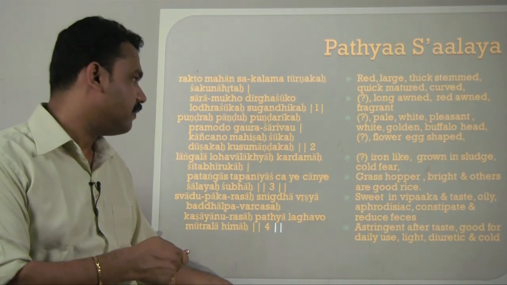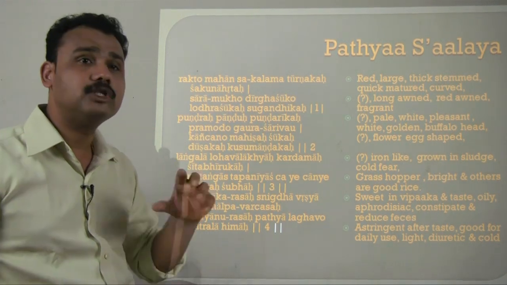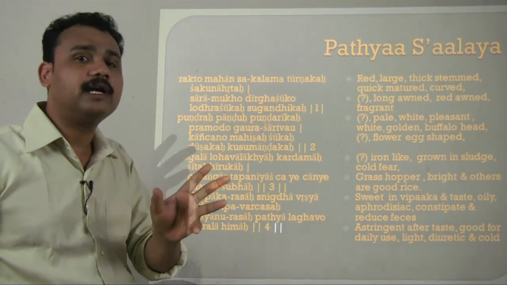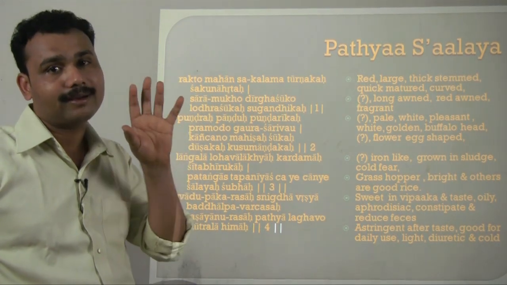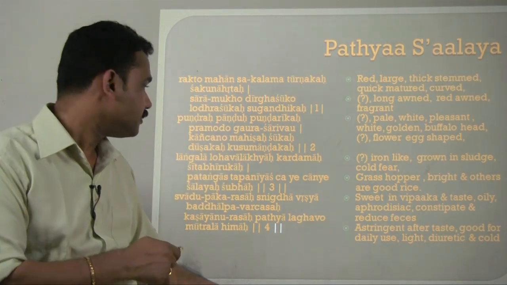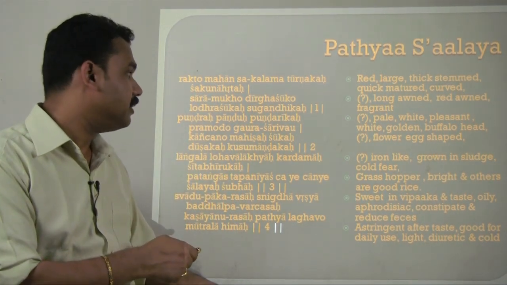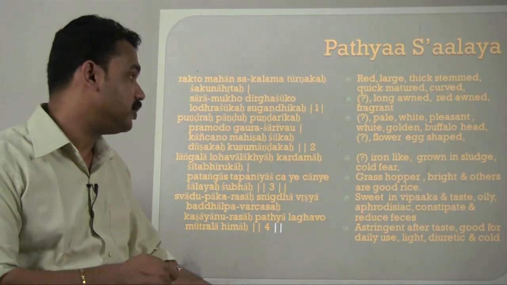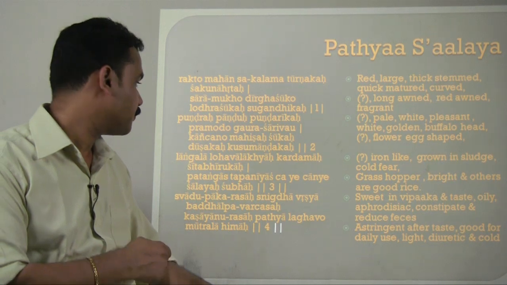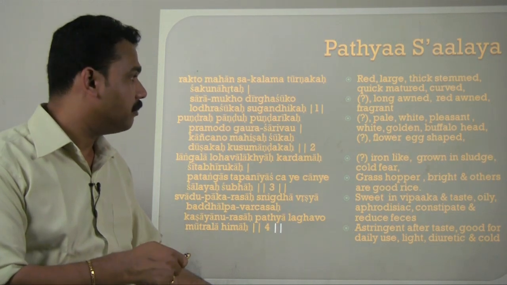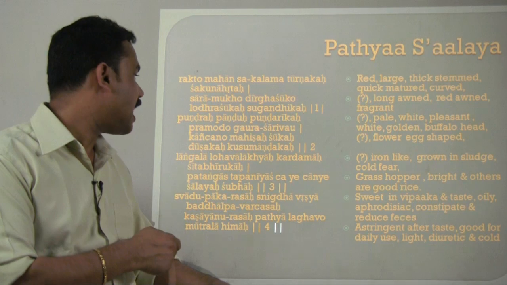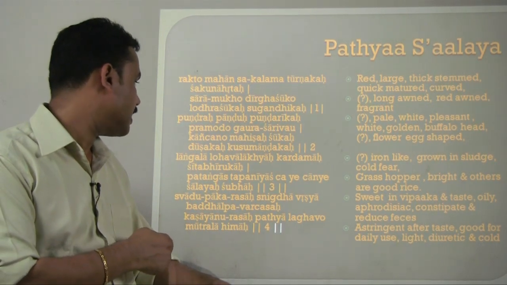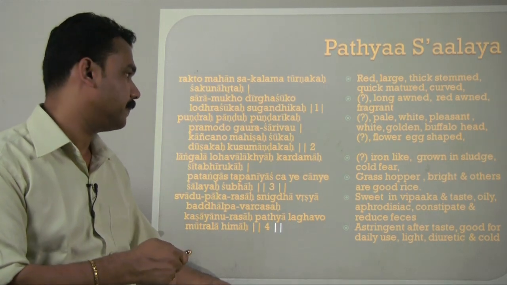Shida Bhiruga: Shida means cold, Bhiru means fear, so certain species which cannot be cultivated in cold climatic conditions. Patanga literally means grasshopper, which might speak about a green species with a grasshopper color. Tapaniya means bright. And other species of rice are shubha, good.